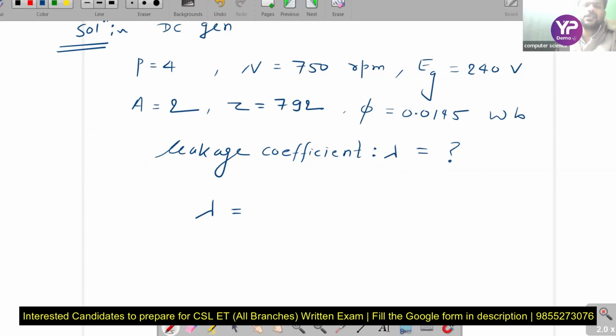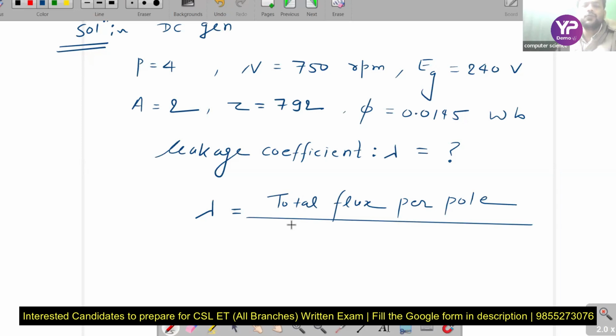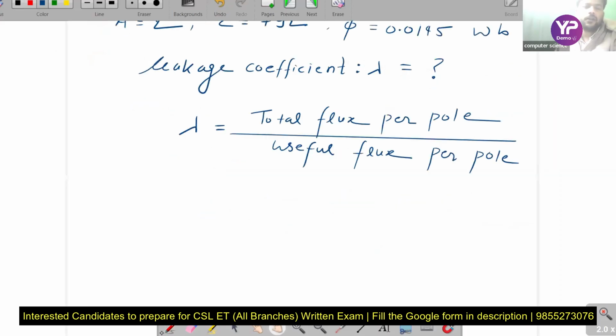Lambda, the leakage coefficient, is equal to total flux per pole upon useful flux per pole.